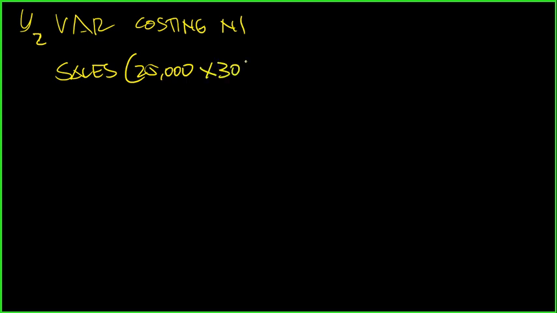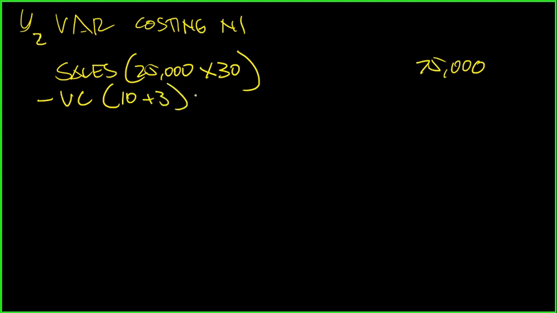Times sold for 30, that will be 750,000 pesos. Okay. So, yan. Less your variable cost, which is 10, the variable product cost, plus 3, the variable selling and administrative cost. So, that's 13 times 25,000. Parang na-compute ko na to kanina.